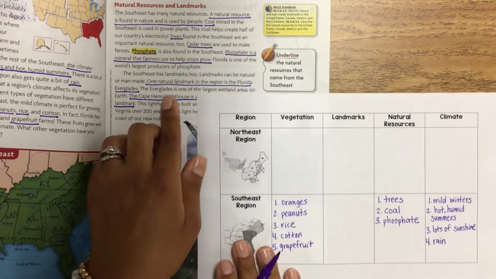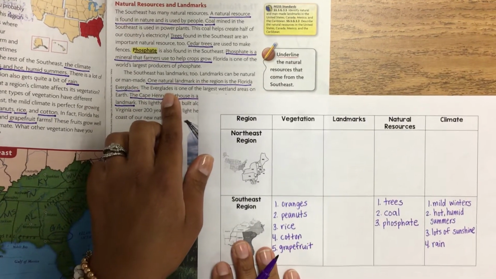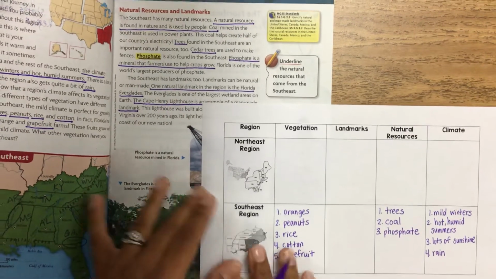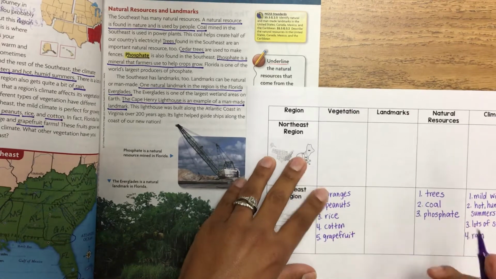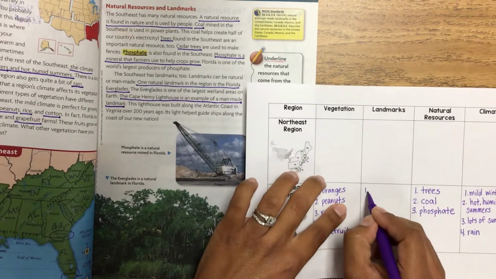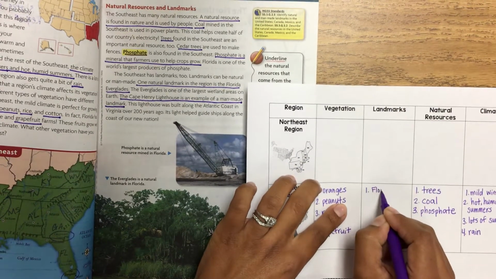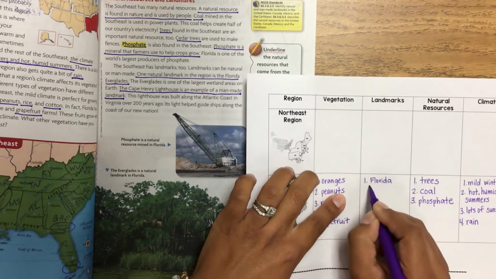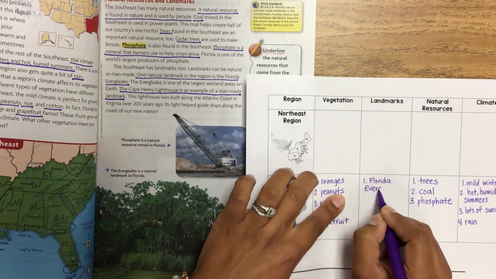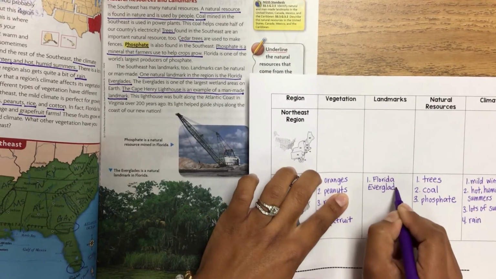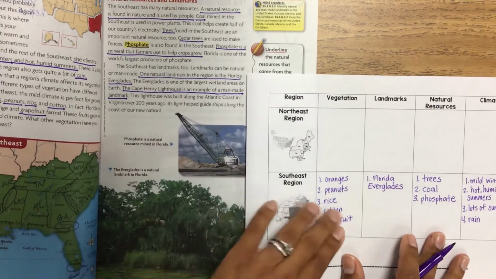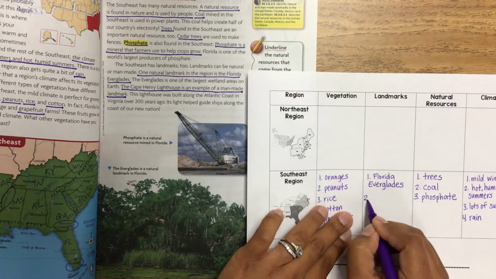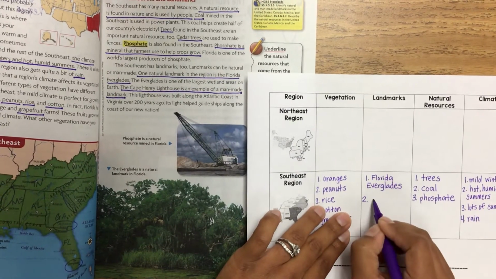Okay, now we're going to go down to landmarks. Landmarks can be natural or man-made. So one natural landmark in our region is the Florida Everglades. And one man-made landmark in the southeast region is the Cape Henry Lighthouse.